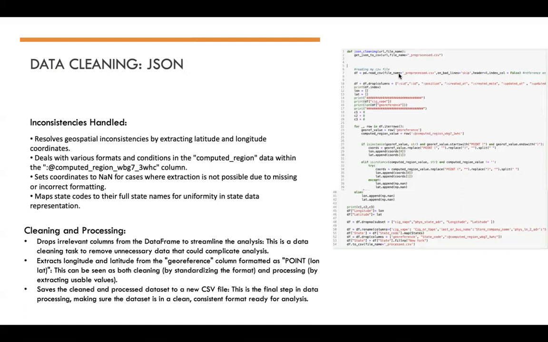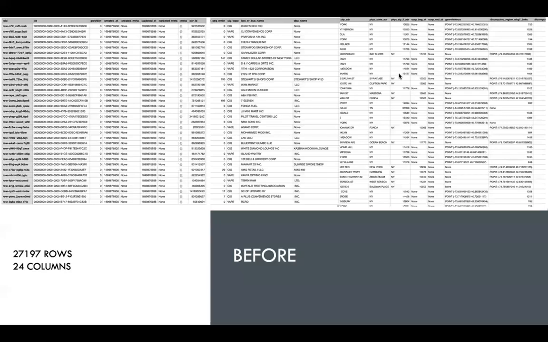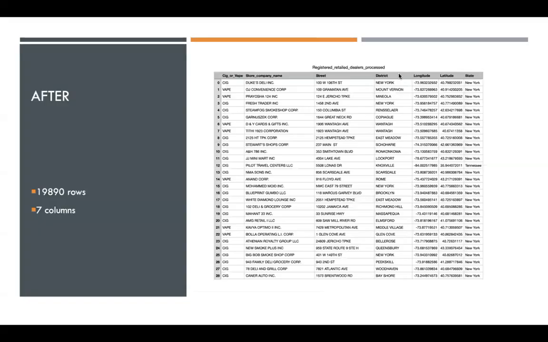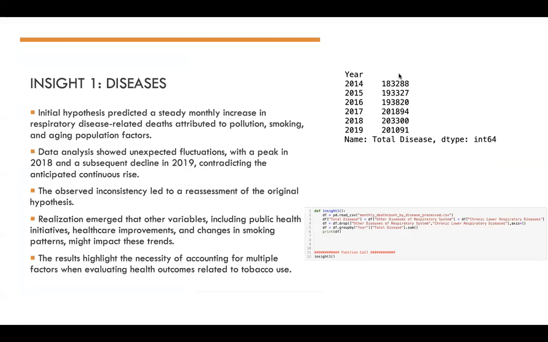I also mapped state codes as mentioned, and during the cleaning and processing phase, I dropped irrelevant columns to streamline my analysis, removing unnecessary data that could complicate the process. By converting the strings of coordinates to actual numerical values and disregarding rows with missing location data, I further refined the data set, as we can see here in the before and after.